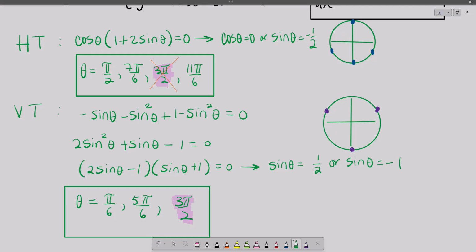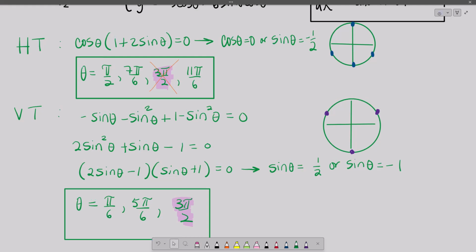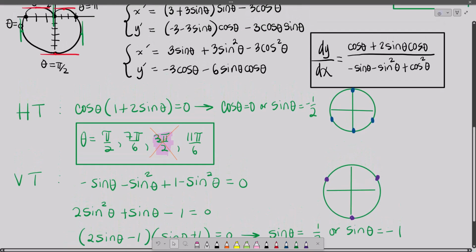Now, if you wanted to do the math, I'm not going to ask you to do the math. We're just going to use common sense and logic and say, oh, there's 3 of each. And if there's 3 of those, then this one must be extraneous up there. The book does go through the process of showing you how to know which one it is. What this is showing us is that at 3 pi over 2, we have an indeterminate form. When we plug in 3 pi over 2, we're getting 0 over 0.